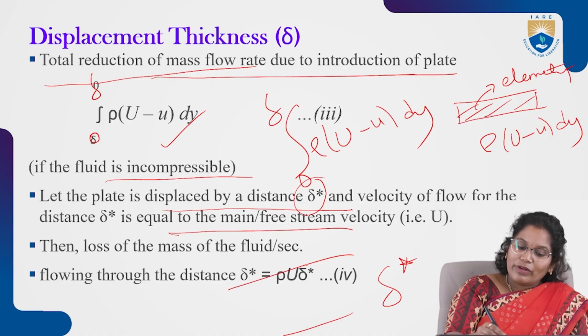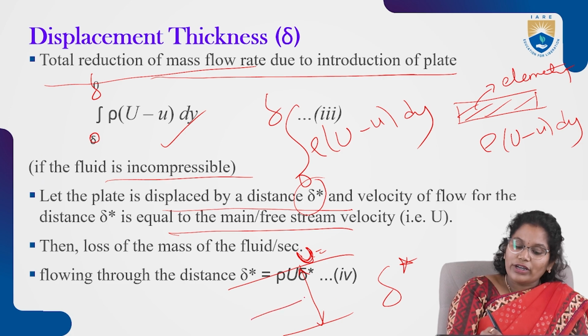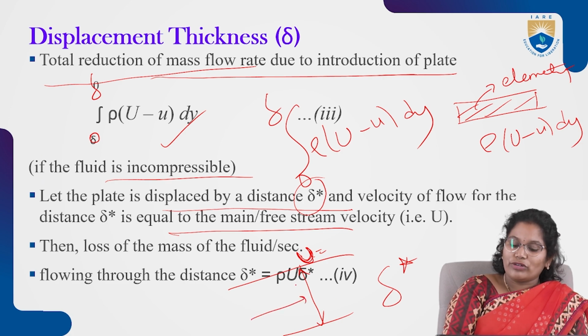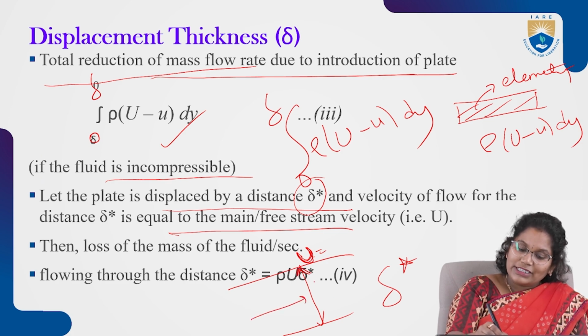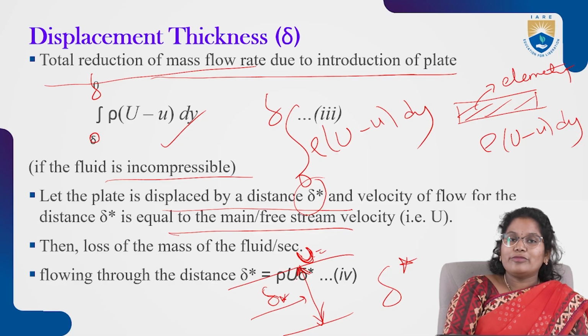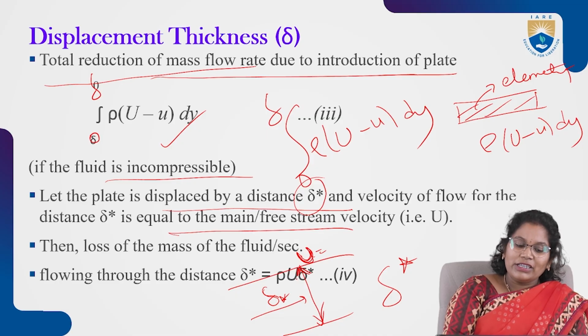When the fluid velocity becomes the mainstream velocity, then this complete thickness due to the displacement of the plate, your delta, becomes delta star, that is the displacement thickness.